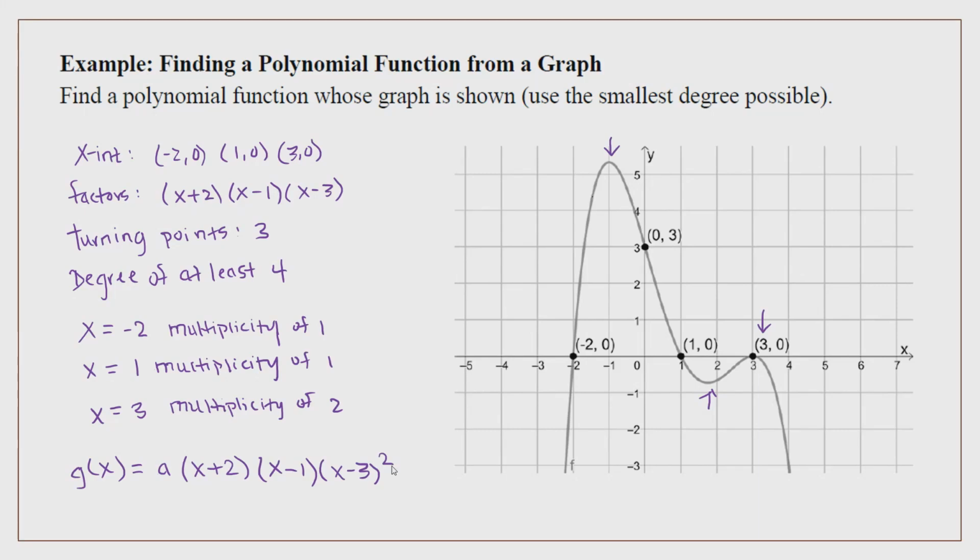Well, there was one thing that I haven't mentioned yet that is given to us in this graph, and that is the y-intercept. Okay? So the y-intercept tells us when g of x is evaluated at 0, it equals 3, which means that the constant of my function in expanded form equals 3. So knowing that, I can find a.